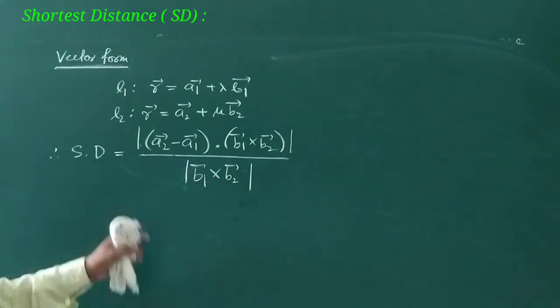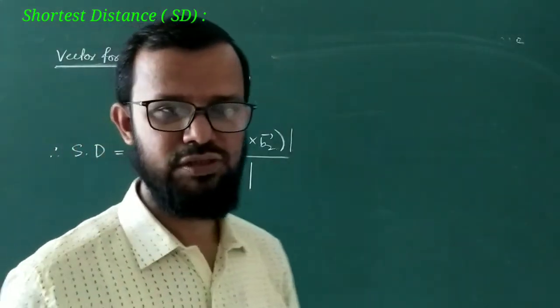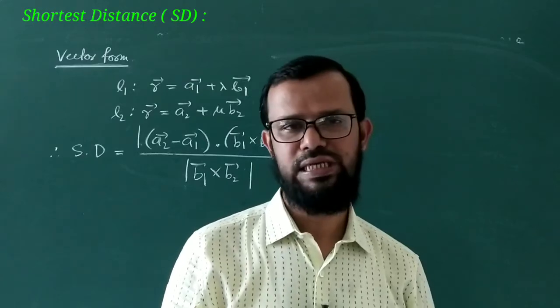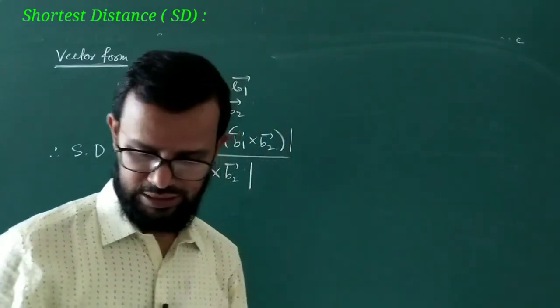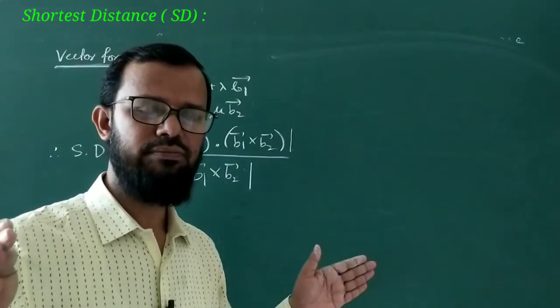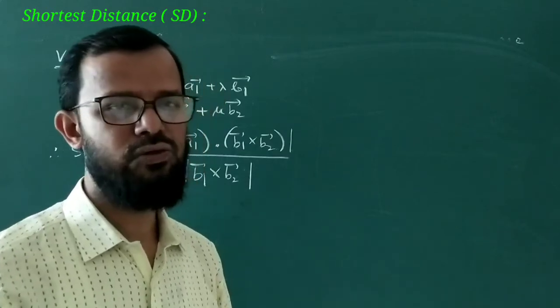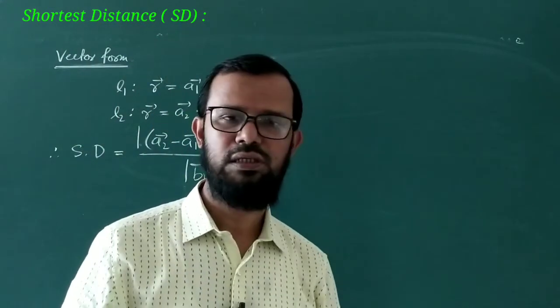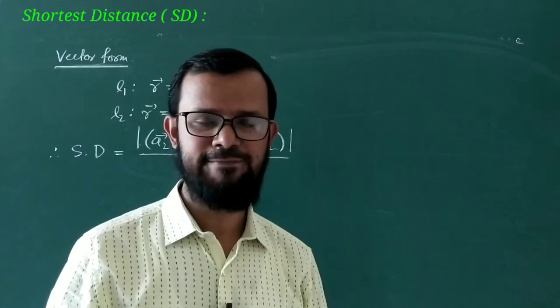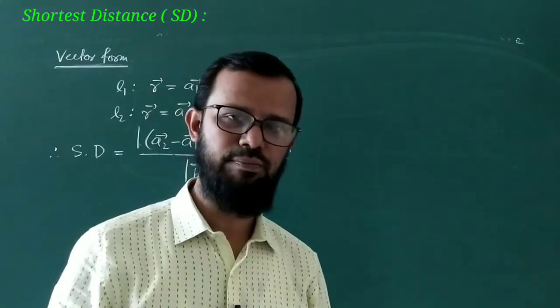Now from here, very important, if the shortest distance between two lines is 0, then what do you understand? We already told you that the SD between two lines is a particular line which is perpendicular to both L1 and L2, and both the lines lie in two different planes.